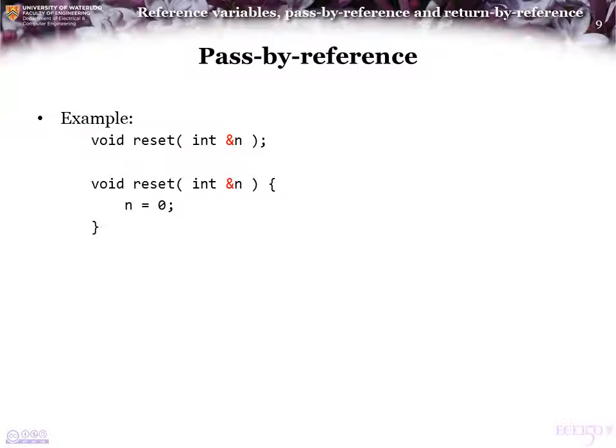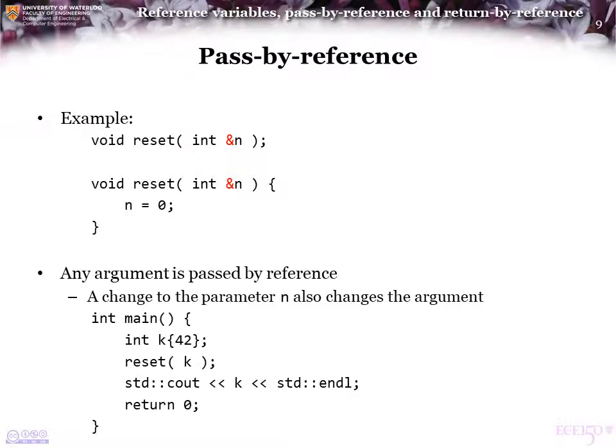However, when you call the function with an appropriate L-value, what will happen is that L-value will be assigned the value 0. So for example, here I have a program where I have a local variable k that is initialized with the value 42.